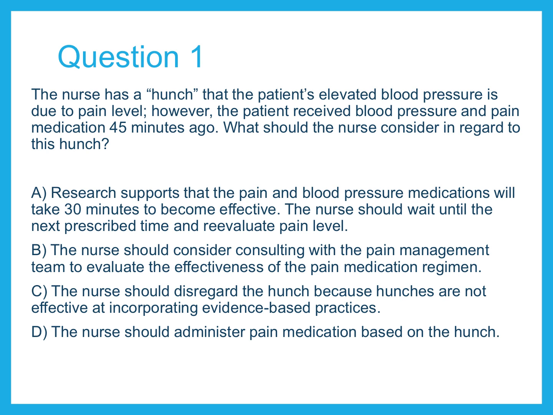Now, pause the video and read through question 1 to see what you would do if you had this hunch that the patient's elevated blood pressure was due to a pain level, even though they just received a blood pressure medication and pain medication 45 minutes ago. What would you consider in regards to this hunch?